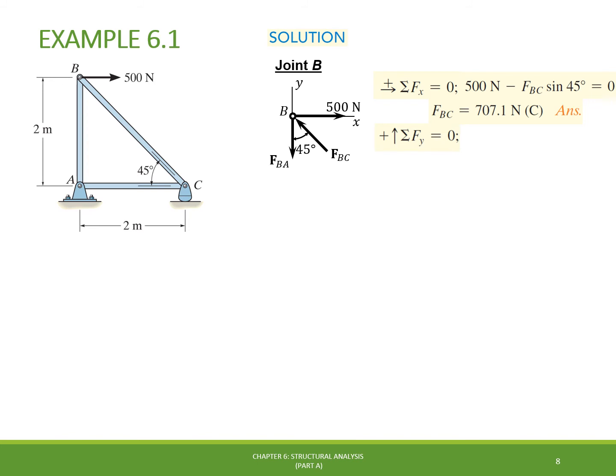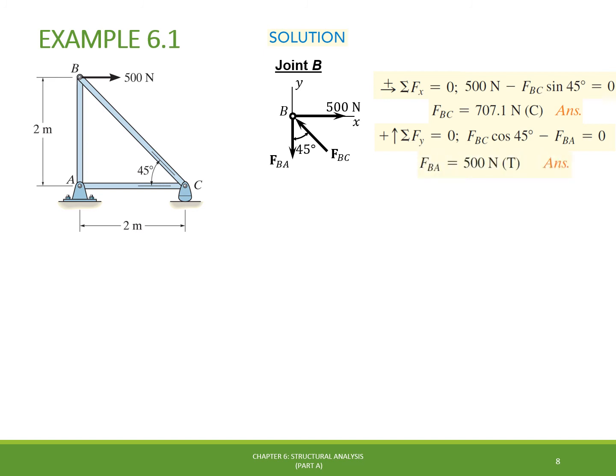For the second equilibrium equation, we do the same thing, taking all forces acting on the node in the y direction, which are the component of FBC that we just calculated, multiplied by the cosine of 45 degrees, minus the force coming from BA member, FBA.